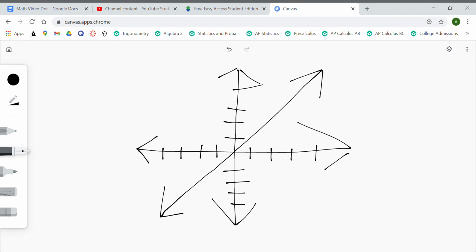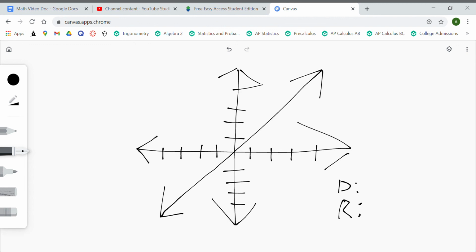All right, so we have domain and range. What is the domain and range anyway? Well, notice that we have the arrows going on forever in all directions, and there seems to be no turning point.